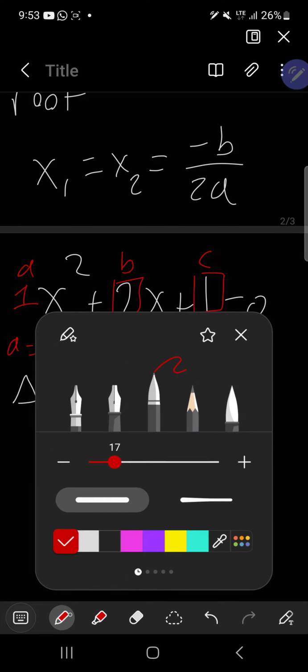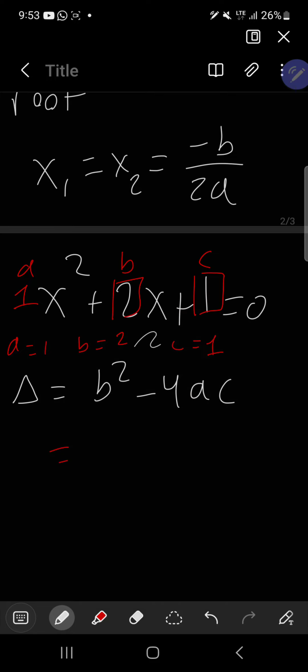Let's do that now. B squared is 4 because it's 2 to the power 2, minus 4.